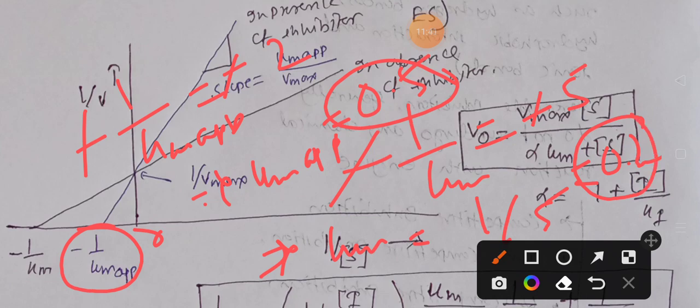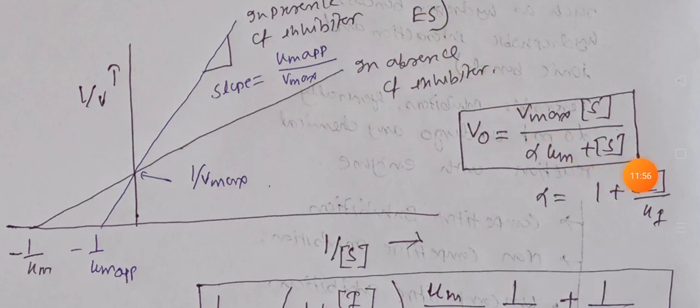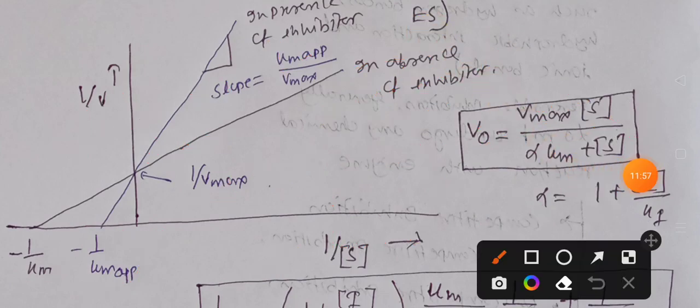And you can clearly understand that the Km when inhibitor is present is far larger than 0.2, right? So that is the thing. Here you can understand why the line for the enzymatic reaction containing inhibitor is closer to 0 than the line for the enzymatic reaction in the absence of inhibitor, right?